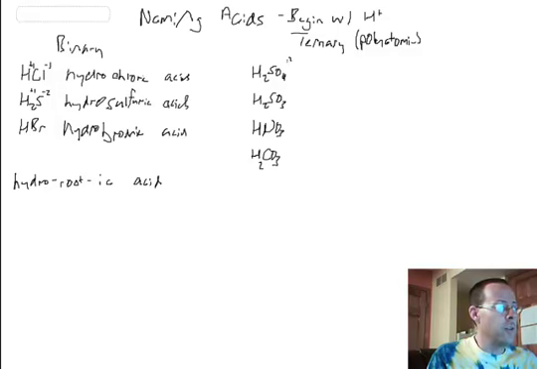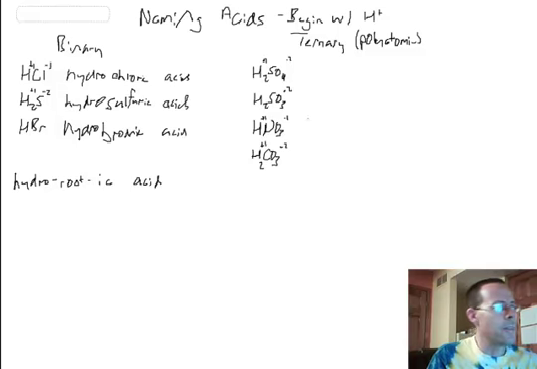Sulfate's charge is a -2, and H is always a +1, so that's where we have 2 hydrogens for every sulfate. Similarly, sulfite is a -2, so we have 2 hydrogens. Nitrate is a -1, so we just have 1 hydrogen. And carbonate's a -2, so we have 2 hydrogens. We always have to balance charges with ionic compounds.